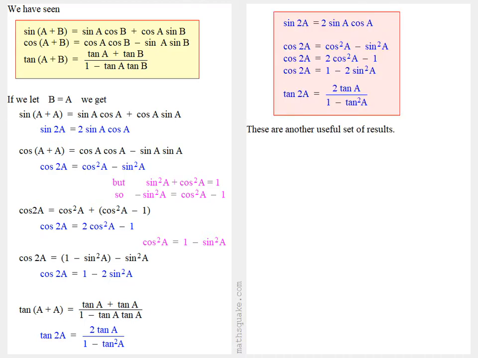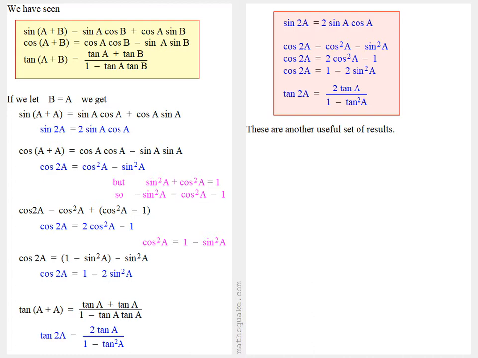So we have 5 useful formulae. The first one is for sine 2a. Sine 2a is equal to 2 sine a cos a. The next 3 are all for the cosine of 2a. We can write the cosine of 2a is equal to cos squared a minus sine squared a, or the cos of 2a is equal to 2 cos squared a minus 1, or the cosine of 2a is equal to 1 minus 2 sine squared a.